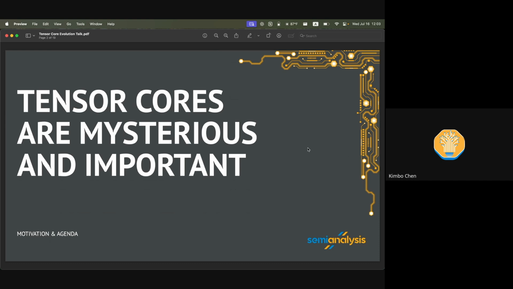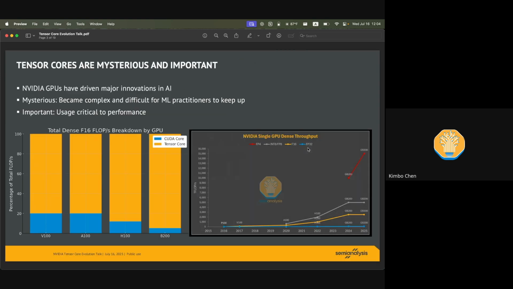So why should we care about the evolution of tensor cores? The reason is that tensor cores are mysterious and important. As we all know, NVIDIA GPUs are one of the most important deep learning hardware accelerators that has driven major innovations in AI.